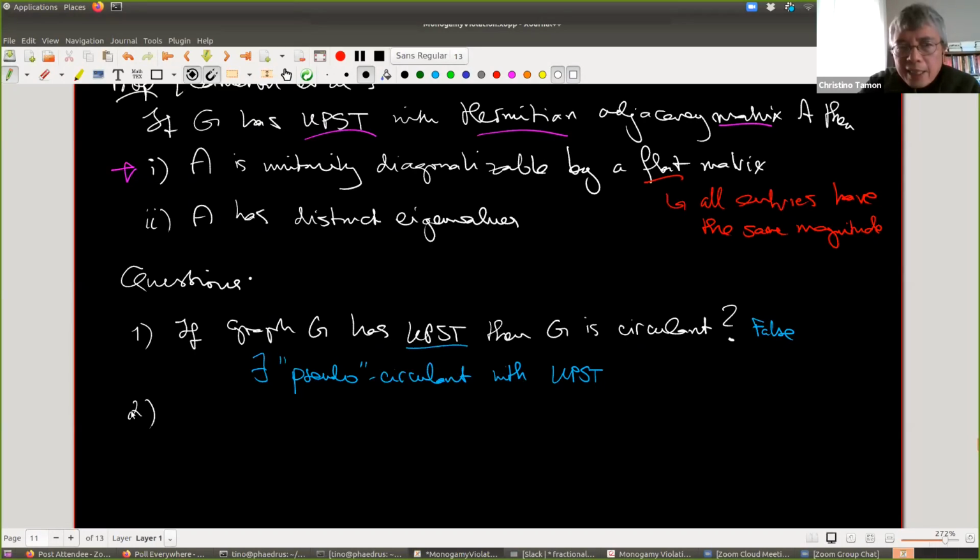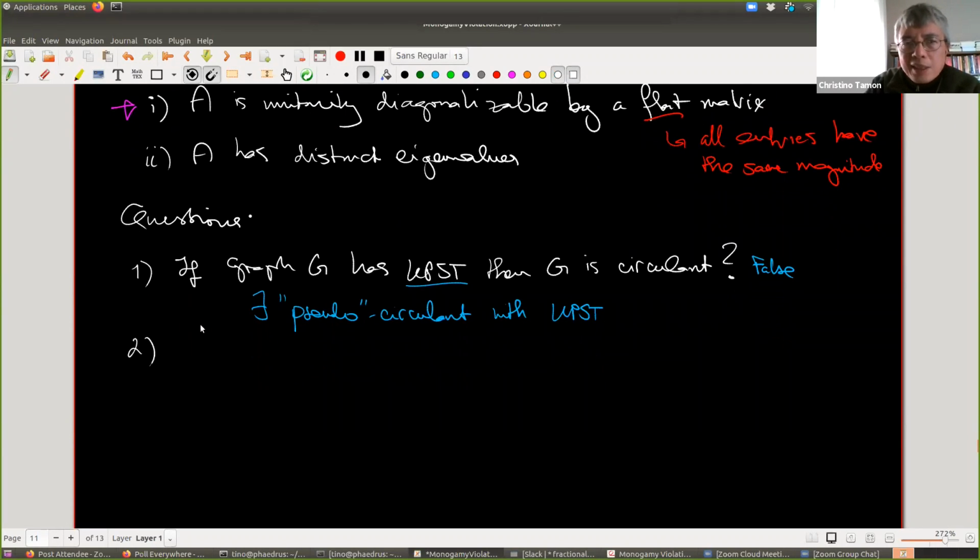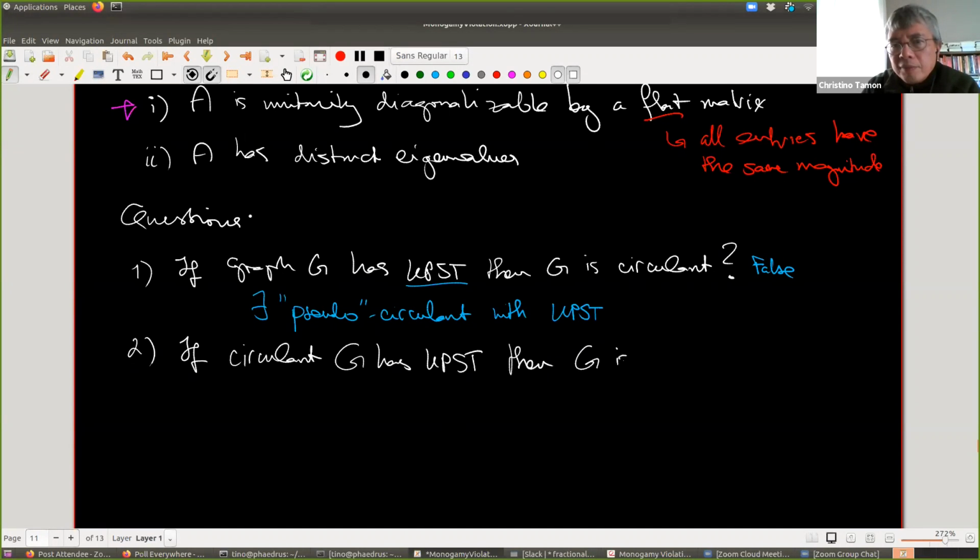So the other question we had was, if a circulant G has this property of being universal, then it has to be dense. Actually, we mean here the matrix. The matrix is dense, meaning it cannot afford, other than the diagonal, to have any zeros.